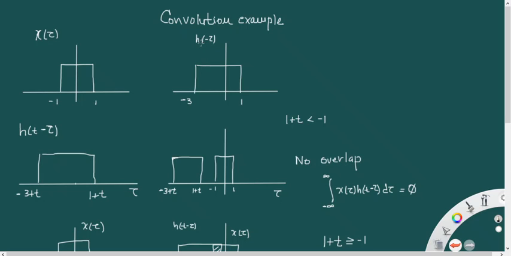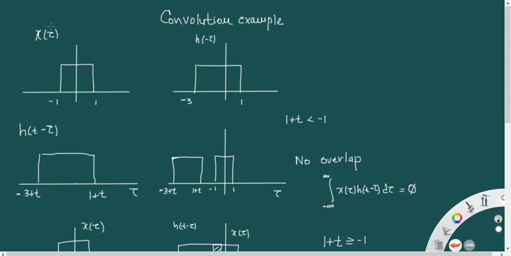So we need to create a dummy variable like the tau variable, so we can have this tau and the parameter, in this case t, as a reference, so we can shift this h of minus tau either to the left or to the right to get our results.